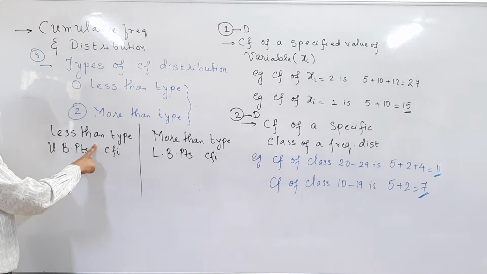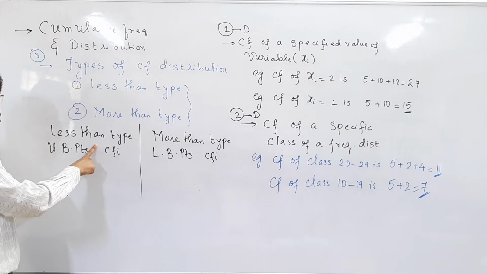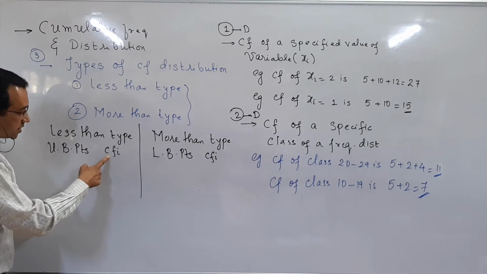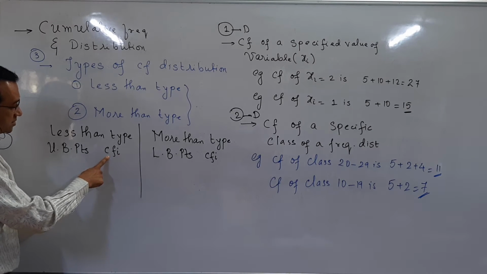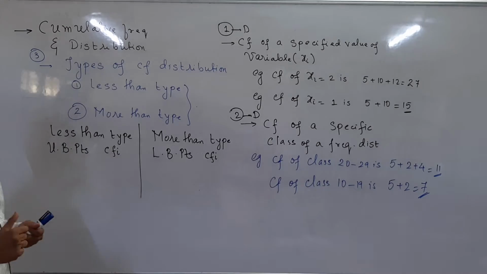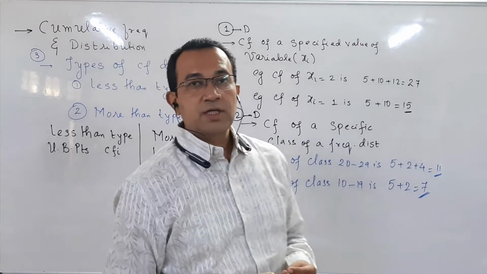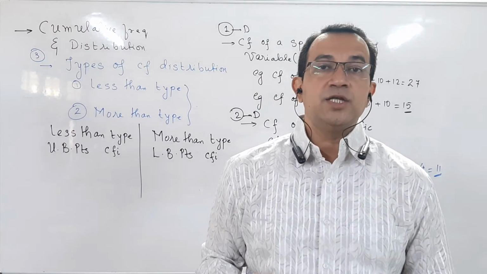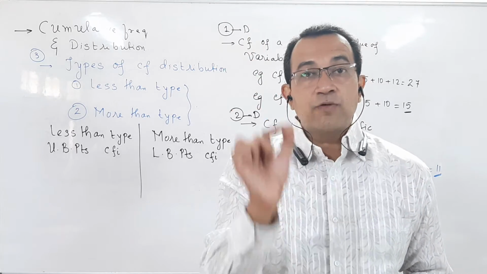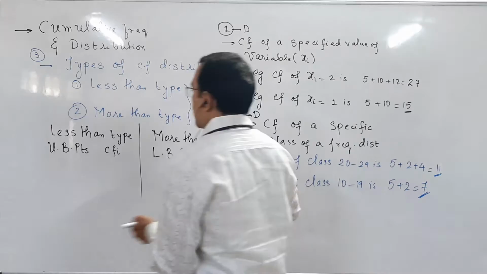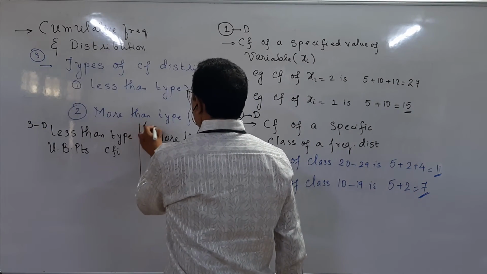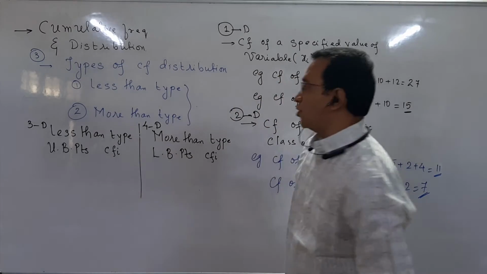A frequency distribution involving upper boundary points and corresponding cumulative frequencies is called less than type cumulative frequency distribution. I am talking especially for continuous when classes are given. So this is our definition number 3. I am writing 3D, and this is our definition number 4. So I am writing 4D.